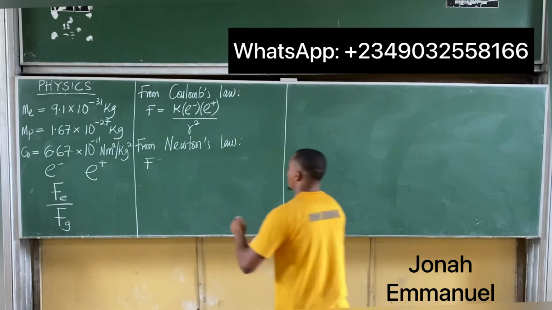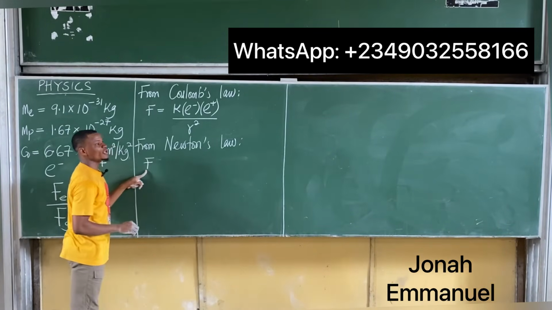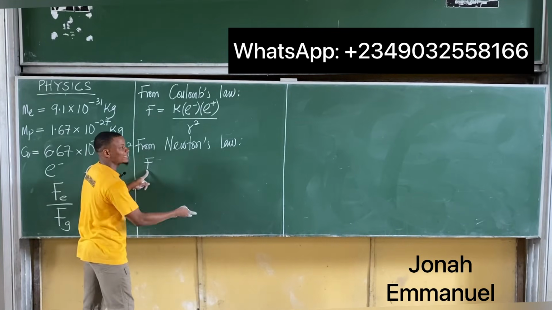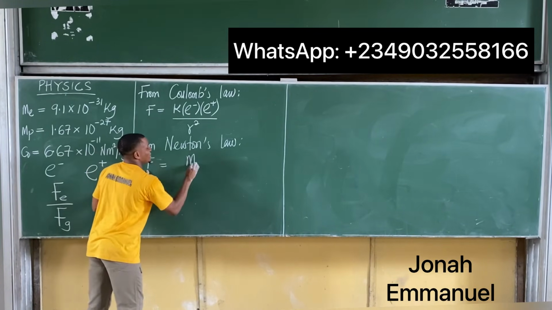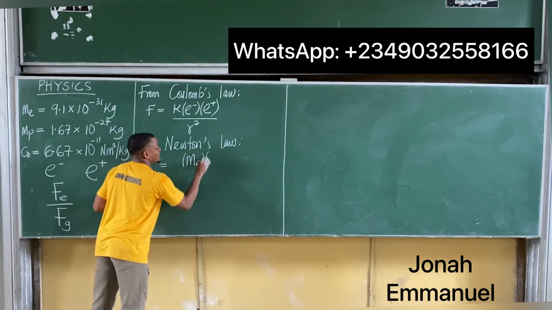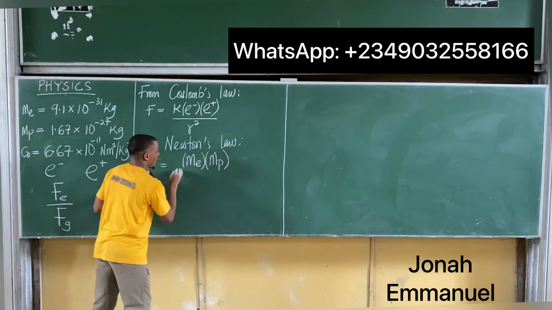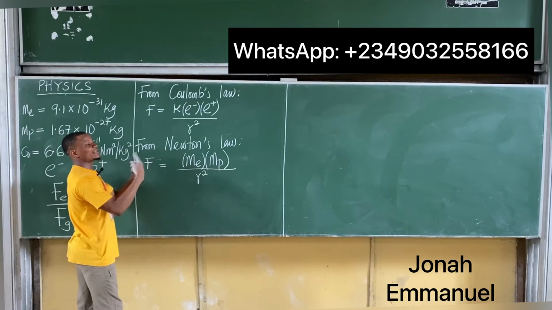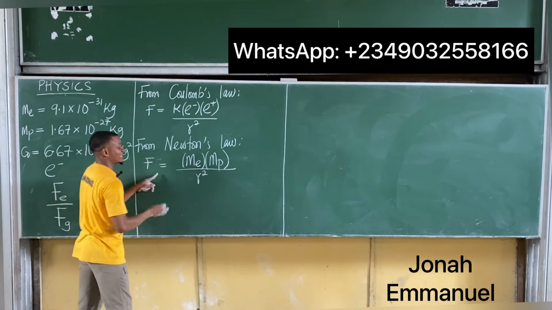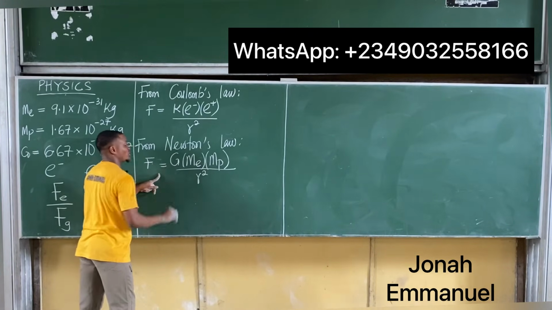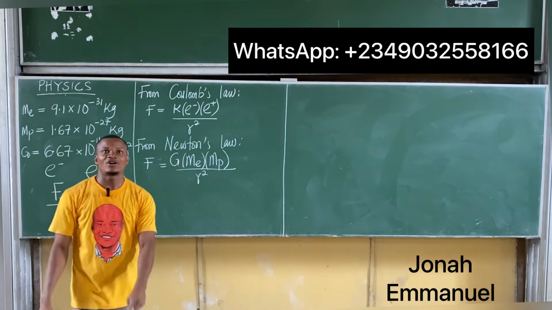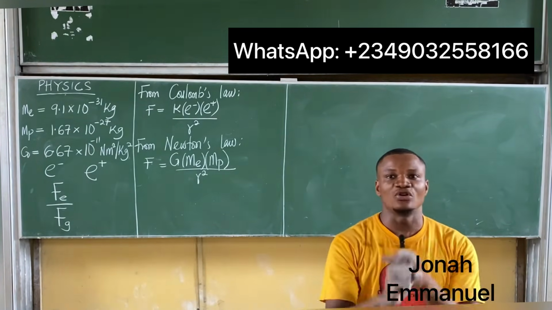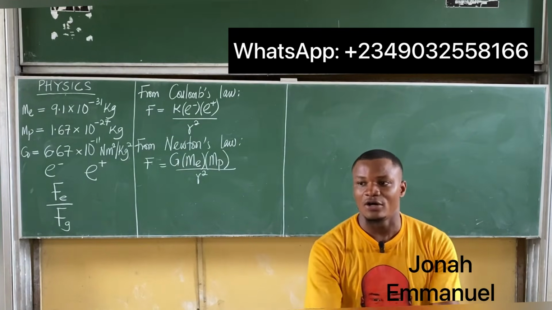It states that the force of attraction between two masses is directly proportional to the product of the masses, that's this of the electron and this of the proton, and inversely proportional to the square of their distance. When I take off my proportionality sign and put a constant, for this one here, the constant is G. G is called the constant of proportionality for Newton's law, also known as the universal gravitational constant.